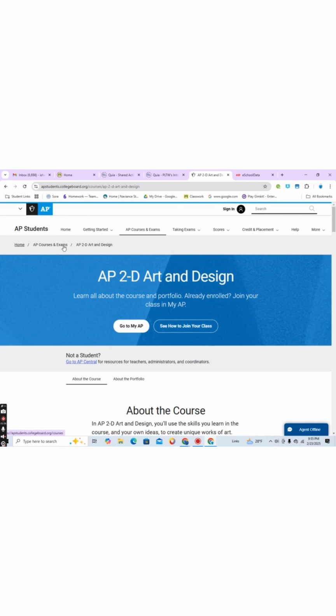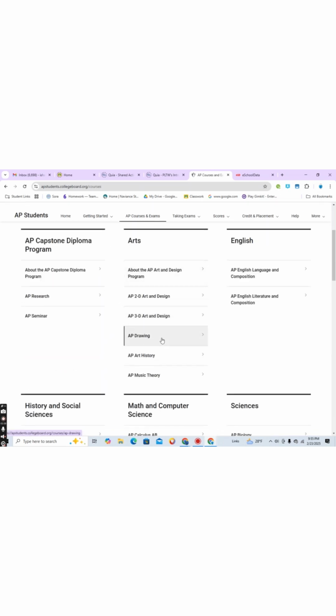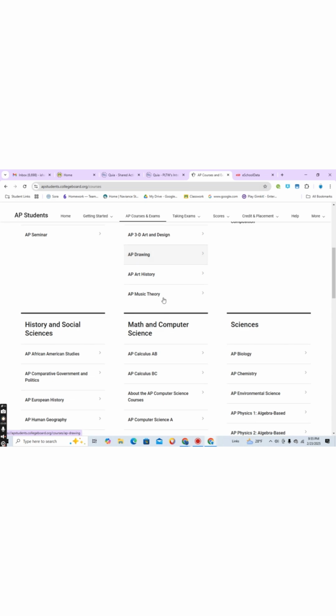This is 2D, and there's the same thing in 3D as well, and drawing. For these three, it really depends on how good you are at art. Like I said, if you are good at art, this will be a pretty easy class. You should be able to get a 5.